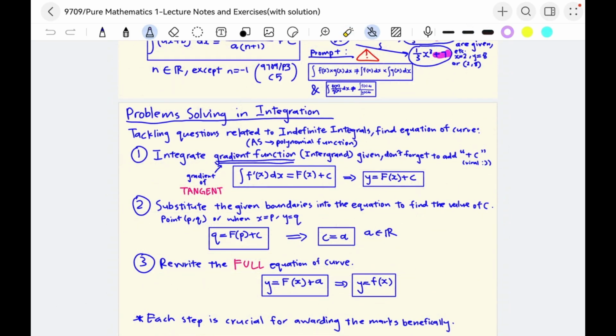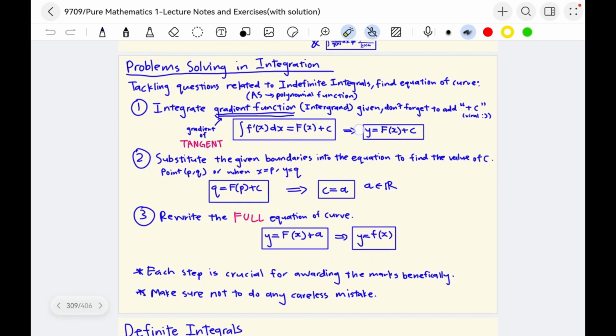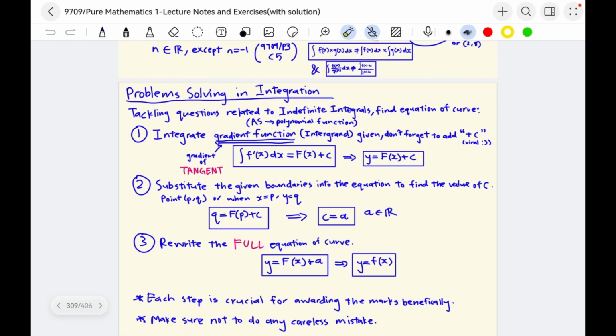Here comes the second subtopic of this chapter, which is problem solving in integration. To deal with problems involving the conversion from the gradient function to the actual or original equation of the curve, integration is necessary.